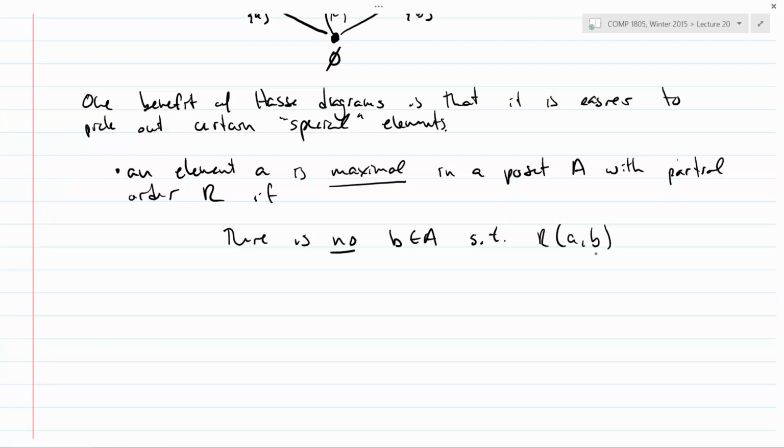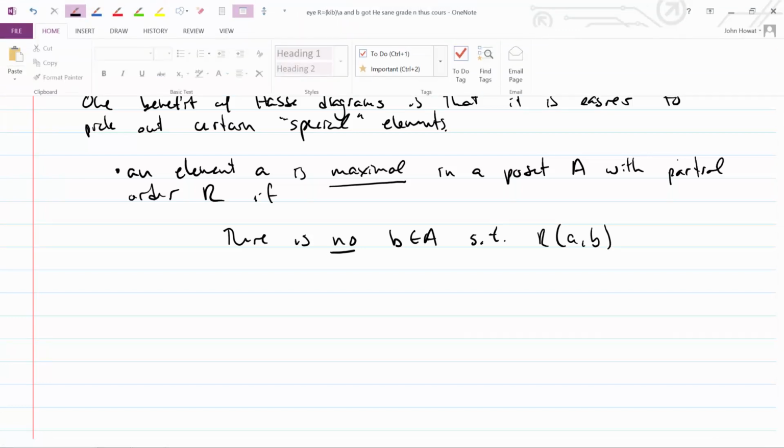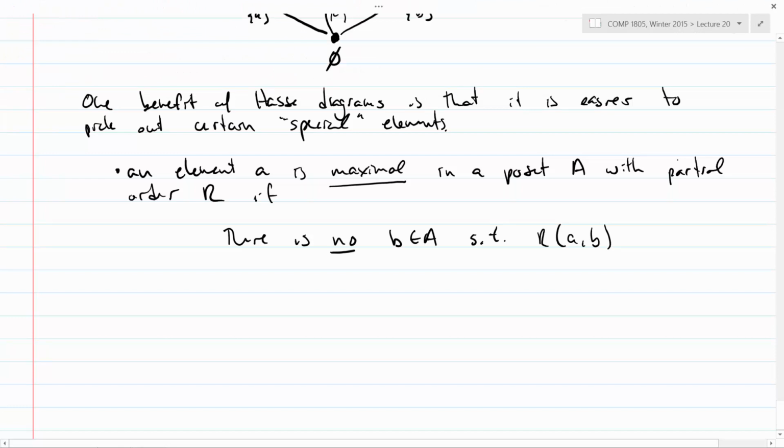And at this point, I'm going to change this notation a little bit to make it easier for you to understand what's going on, because I don't really like this notation. I find this confusing, and I'm going to change it slightly, and you'll all find it much easier. So instead of saying R, I'm going to use this sort of special less than sign.